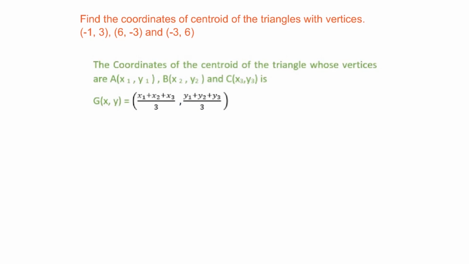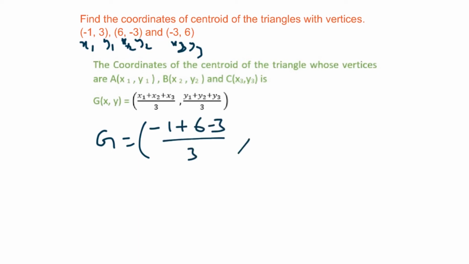In our case we can call these x1 y1, x2 y2, x3 y3. So substituting this in the centroid formula, (x1 plus x2 plus x3) by 3, so -1 plus 6 minus 3 by 3, 3 minus 3 plus 6 by 3.